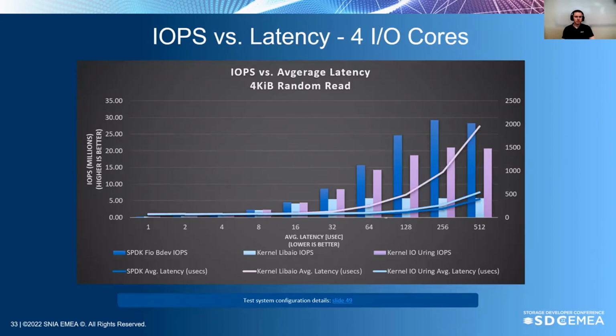We can also see similar results coming from test case 4, where we limit the number of available I/O cores and scale the workload queue depth instead of CPUs to test both SPDK and kernel block layers.